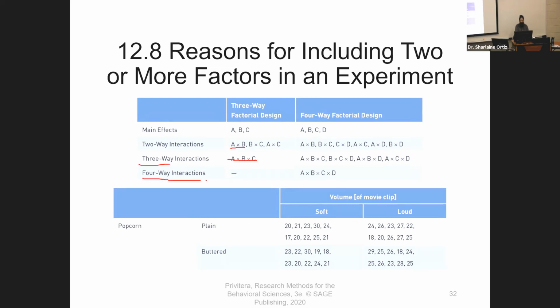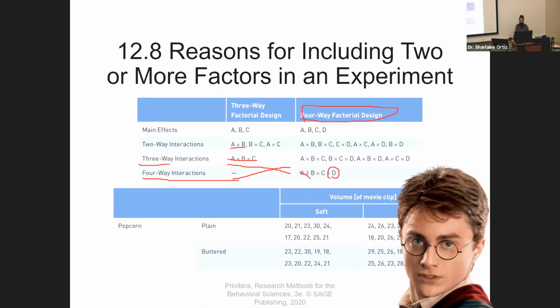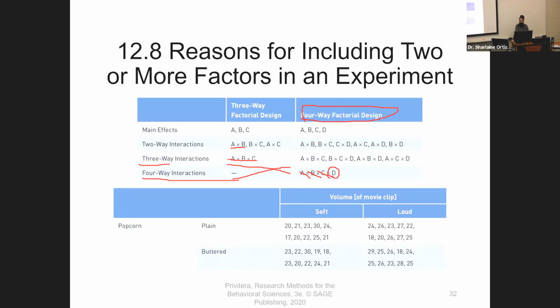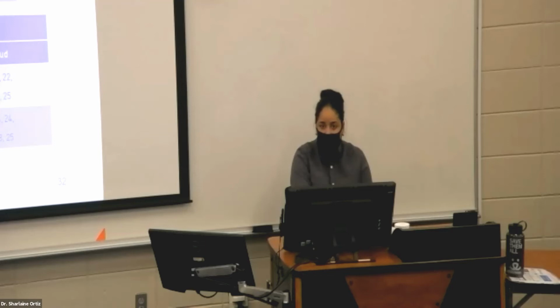Notice that in this specific case, we will not be able to conduct a four-way interaction. But if we were looking at a four-way factorial design, then yes, we would add yet again another factor in which A would affect B because B affects C, C therefore affects B. Any questions about that? Good so far.